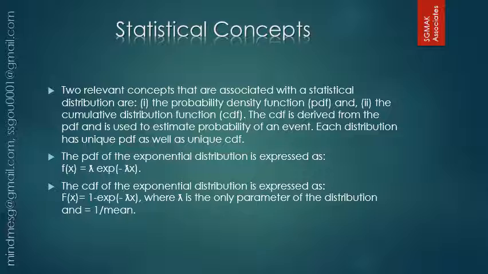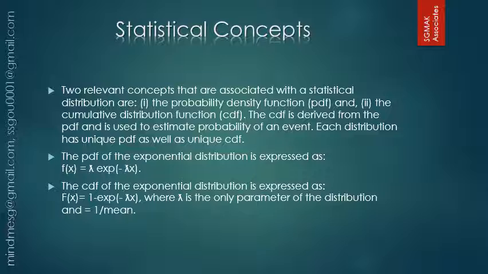So the importance of the CDF is that it is used to find the probability of an event, and we use that probability to do other things to solve the problem. Each distribution has a unique PDF as well as a unique CDF. The PDF of the exponential distribution is expressed as f(x), the density function, equals lambda times e raised to the power minus lambda x.